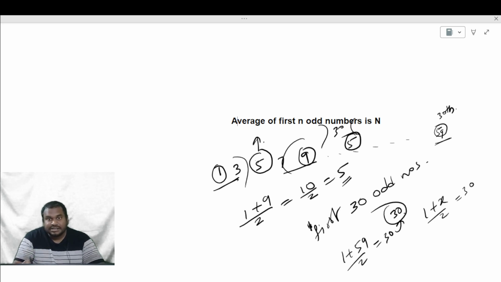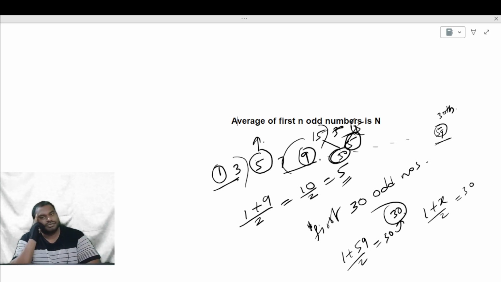For the first 30 numbers, here 15 and here 15 will be there, and there won't be any number exactly in the middle. So the average will be the average of these two numbers, which is nothing but 30. So it should be 15 plus 17 divided by 2.